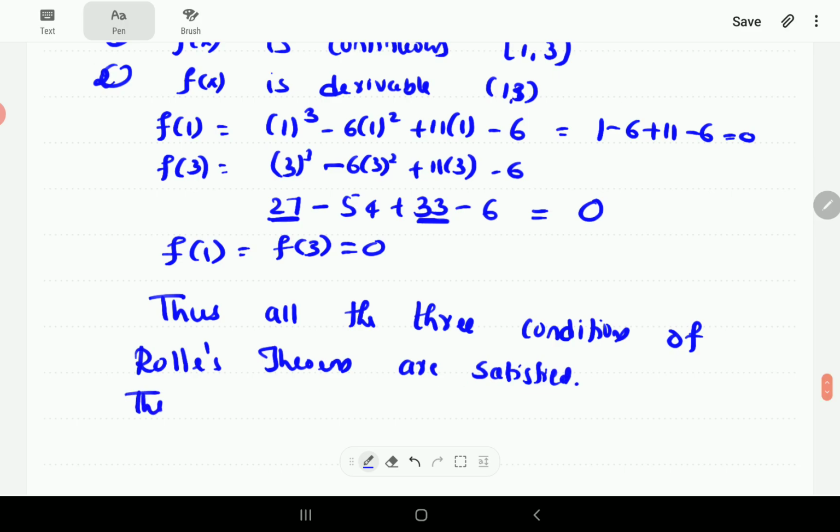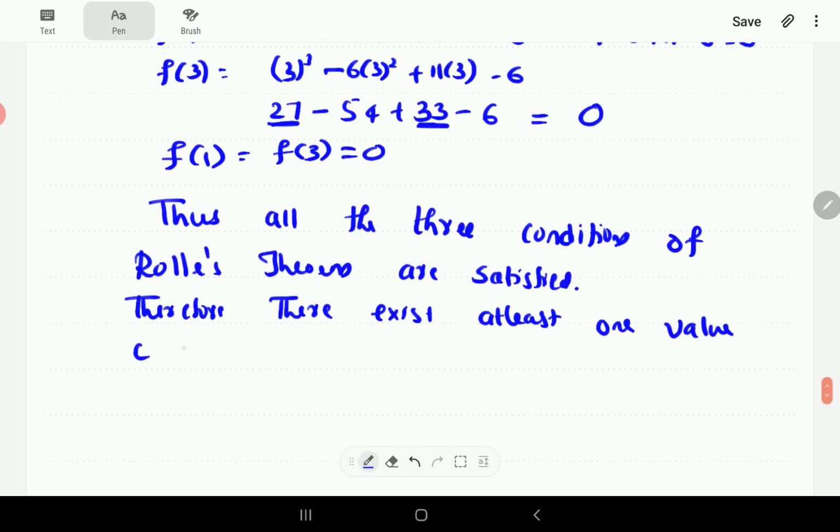Therefore, there exists at least one value c in the open interval 1 comma 3 such that f dash of c should be equal to 0.